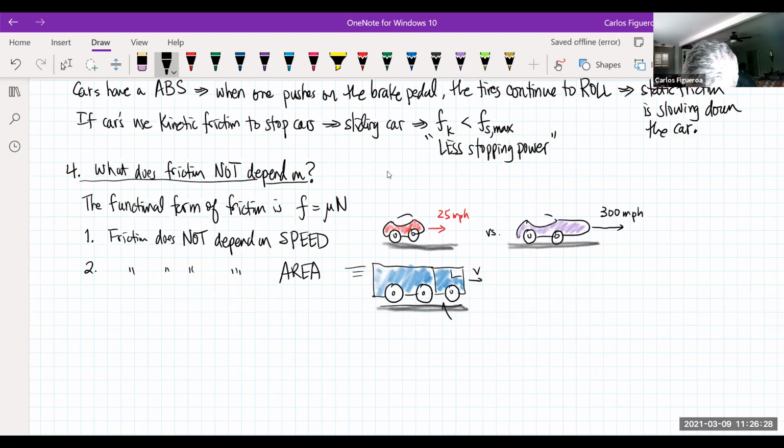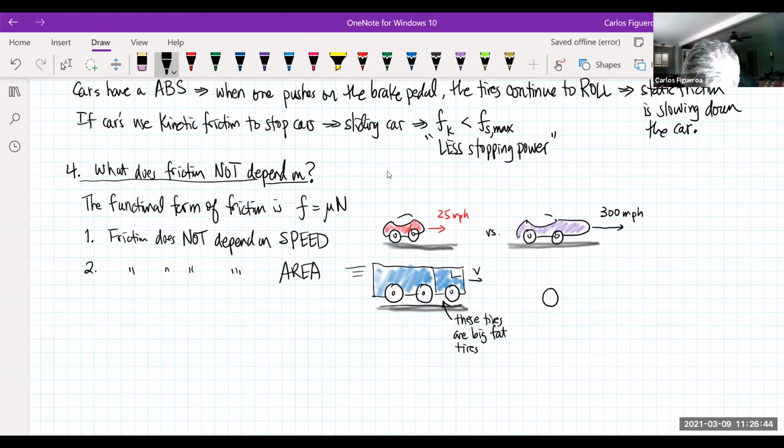Imagine the same truck moving with some speed like this. So these tires are big, fat tires.